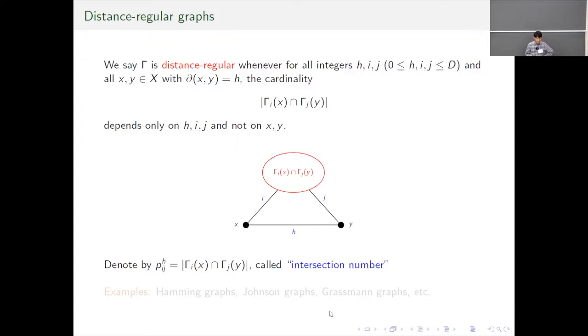We denote this cardinality by p^h_ij and call it an intersection number. Examples: Hamming graphs, Johnson graphs, Grassmann graphs.